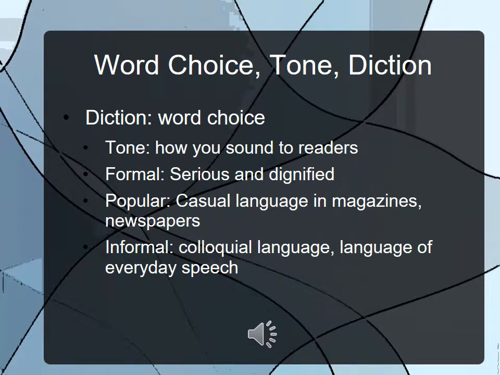We've covered the basics of tone, diction, word choice, and how you sound to your reader already. But when you're revising and editing, you want to really make sure that you're using the appropriate tone and words for what you're talking about. So here's a good chance to brush up on what this means and how you want to sound.